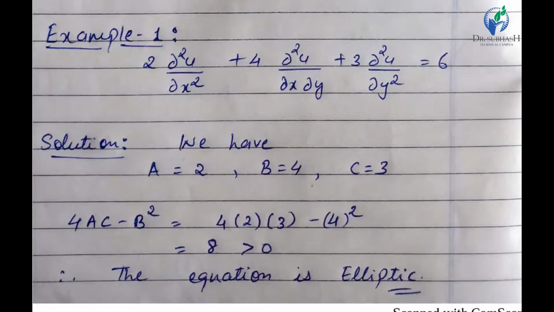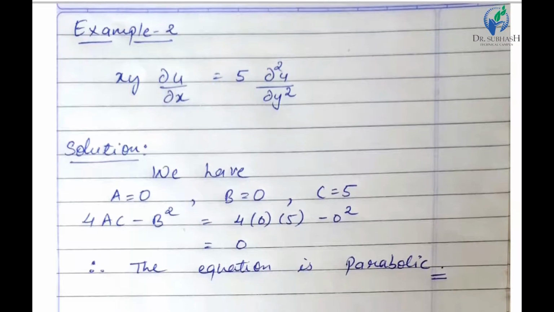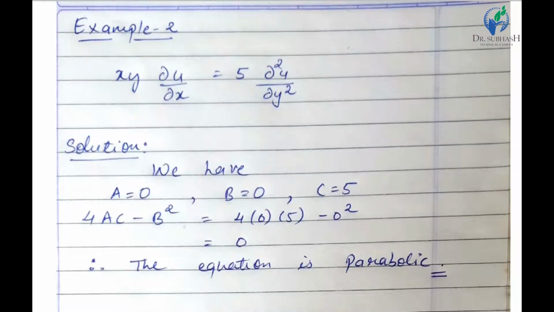Now let us have one more example. Example 2. xy del u upon del x is equal to 5 del square u upon del y square. Here we don't need this term because we only have to consider the coefficients of uxx, uxy and uyy. So here there is no uxx and no uxy, so the values of a and b will be 0.